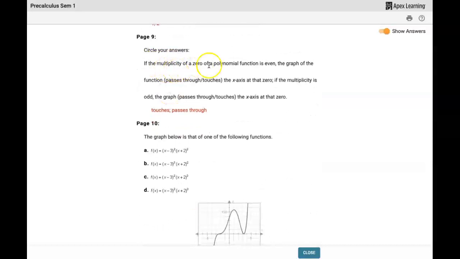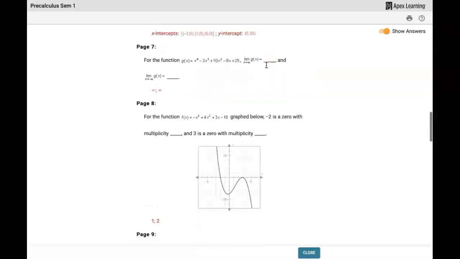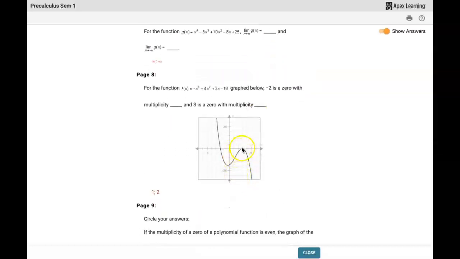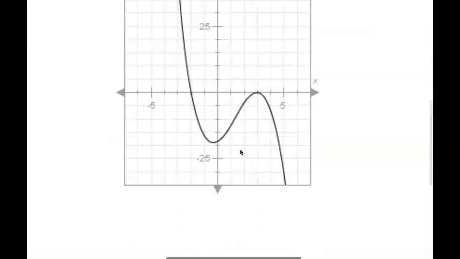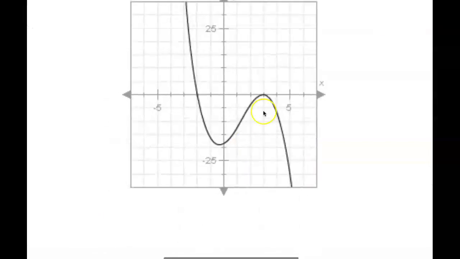Looking here, if the multiplicity of a 0 of a function is even, the graph of the function touches the axis at that 0. So if the multiplicity of a polynomial is even, this is considered just touching. Now again, be very, very careful. I'm trying to highlight it as much as I can.